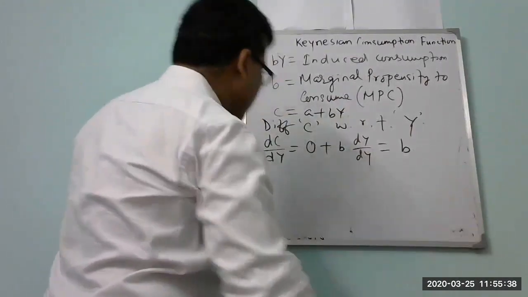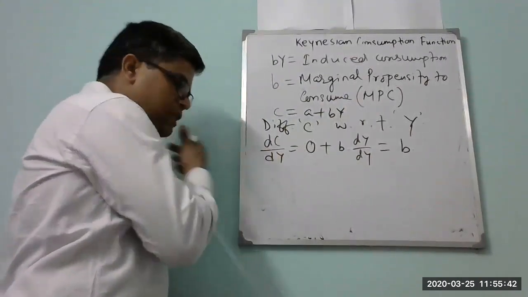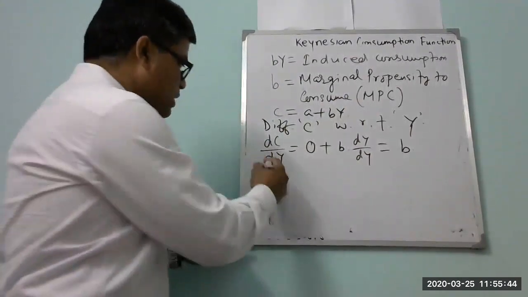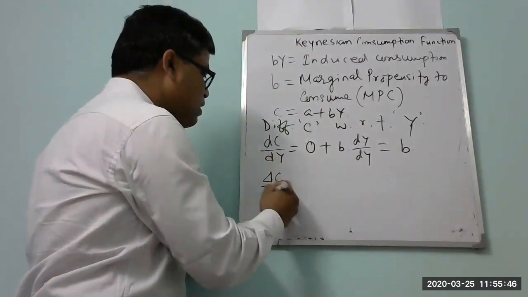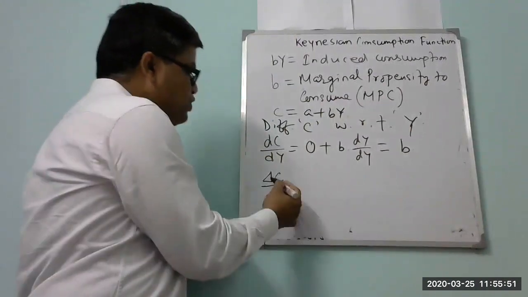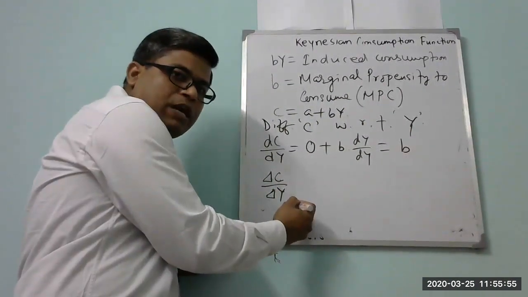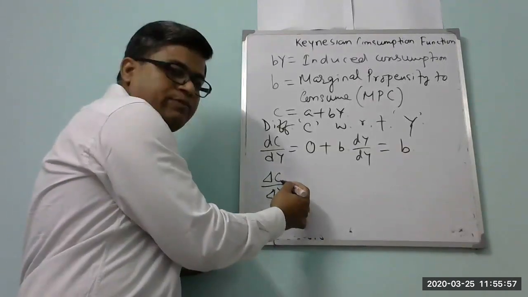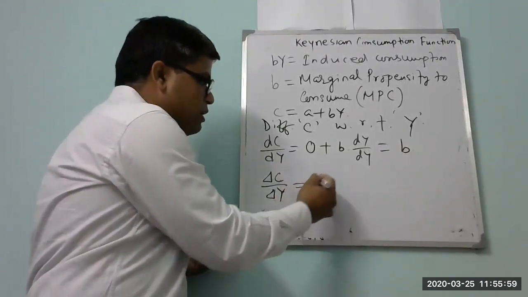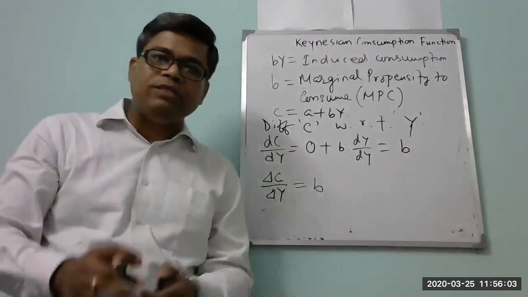Now dC by dY, according to calculus, but in economic terms we can also write del C by del Y. That means the change in consumption due to the change in the level of income, that is equal to B. And this is called the marginal propensity to consume.